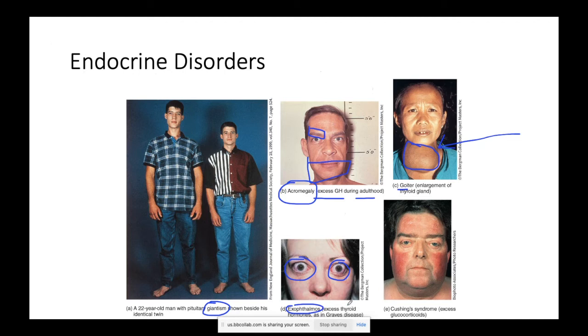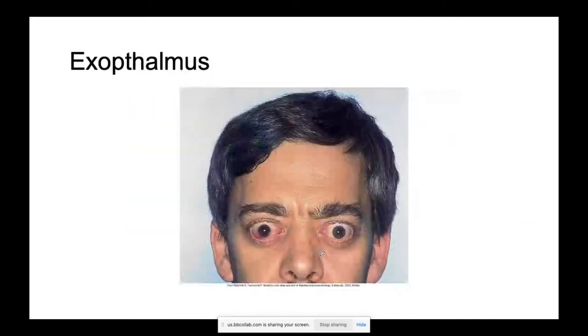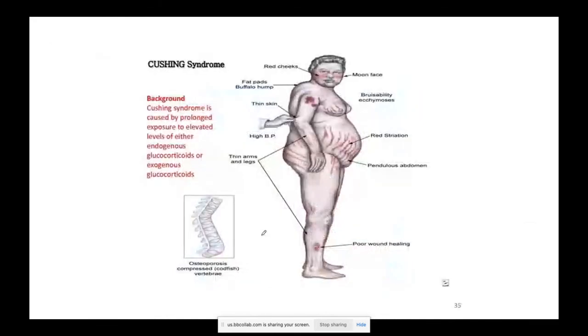That is seen with Graves' disease, which is a hyperactive thyroid. So this is exophthalmos. Again, you could see the white all around the eye on both eyes. That's due to the excessive fat accumulation behind the eyes, pushing the eyeballs out.